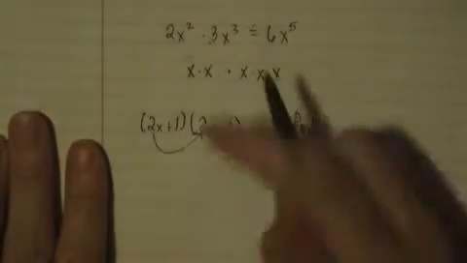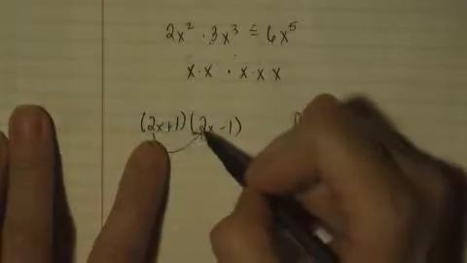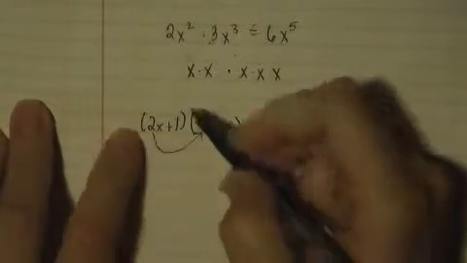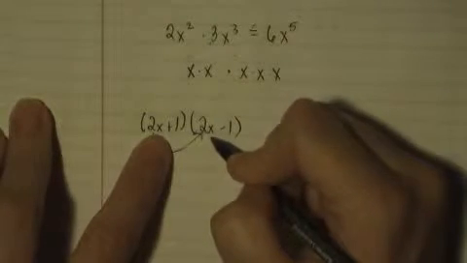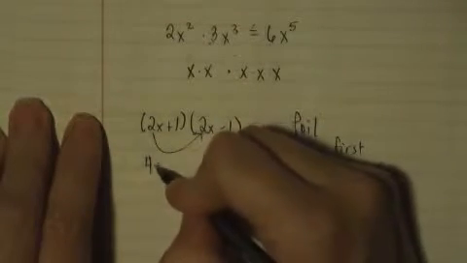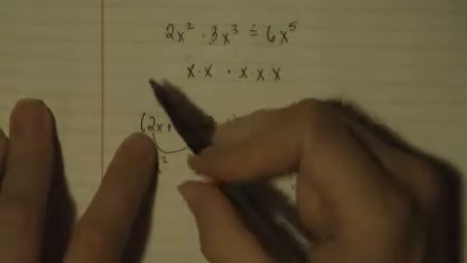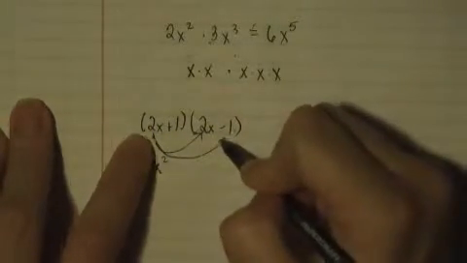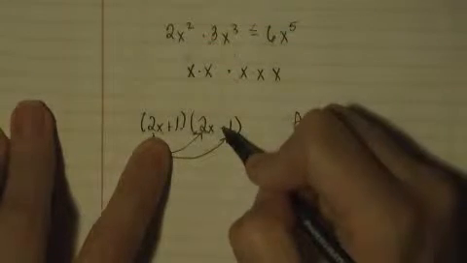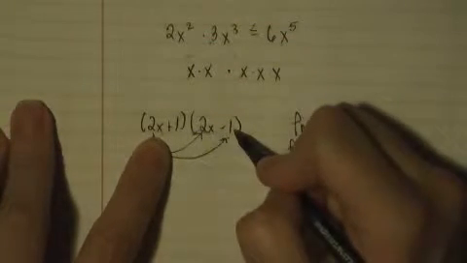Okay, so if I'm going to FOIL this, I'm going to do first times first. 2x times 2x, well, the 2's multiply together and make a 4. X's multiply together make x squared. Then I'm going to do outer times outer. So 2x times, and bring the sign with it, 2x times a negative 1.